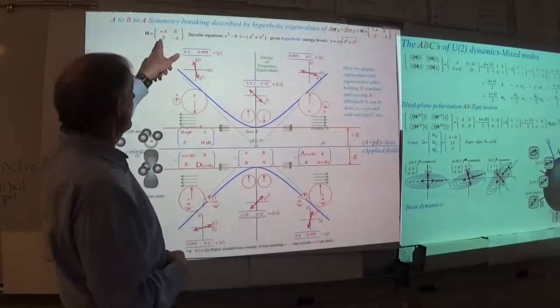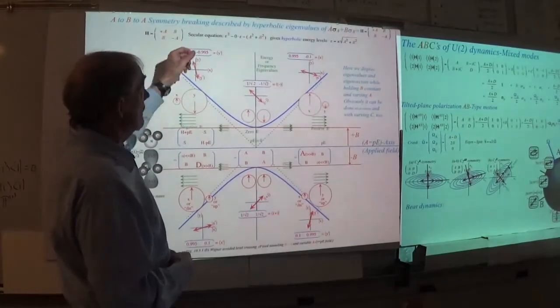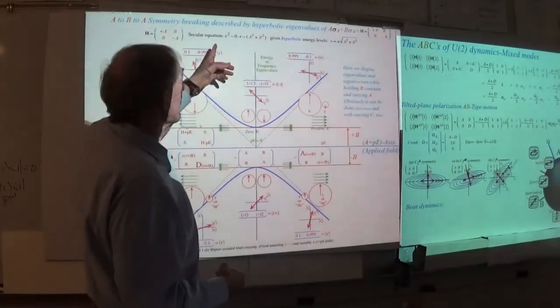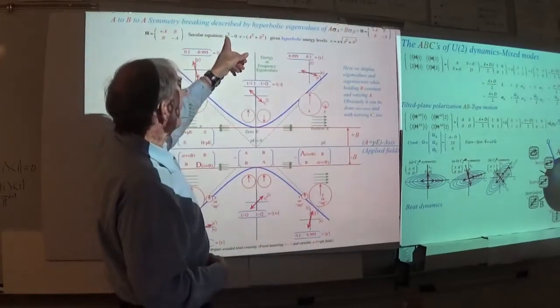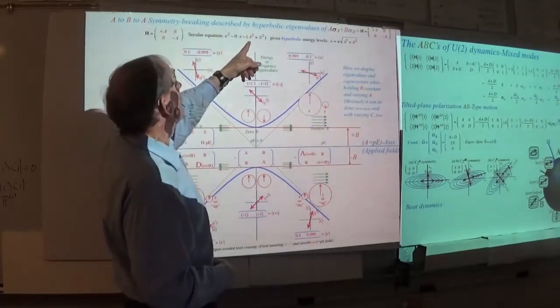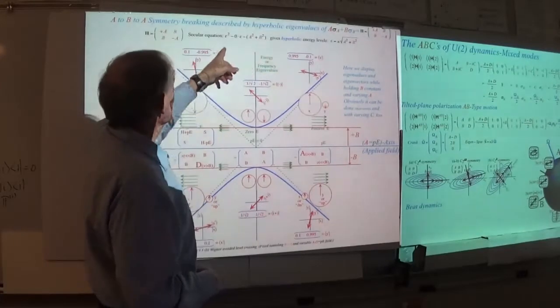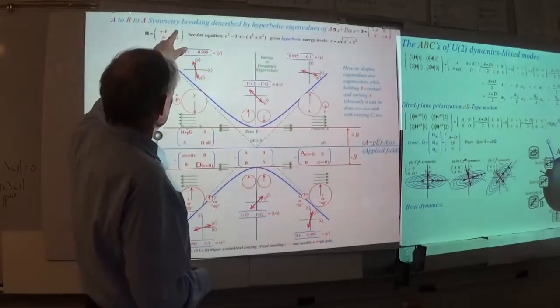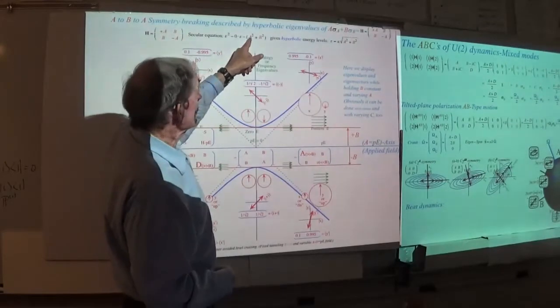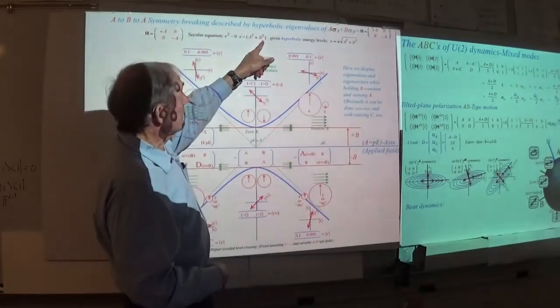So we're talking about this Hamiltonian right here. It's a very simple secular equation. Okay, it has no trace. So you just have epsilon squared and then the determinant of this thing, minus A squared minus B squared.